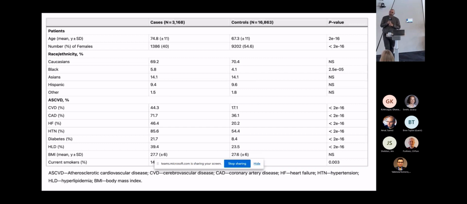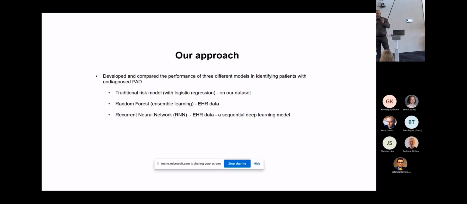So what we did in this research is we took 3 different models, and we evaluated their capability of automatic diagnosis of peripheral artery disease. We used the traditional risk factors with logistic regression on our dataset.